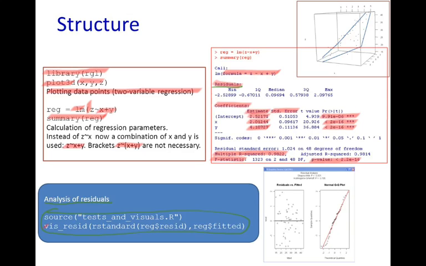And we can say visualize residuals of R standard of reg$resid, and reg$fitted is the values that you would like to have on the x-axis. You take the fitted values for some mathematical reasons. You could also take any kind of numbered values and look for structure, but taking the fitted values will show you maybe a little more.